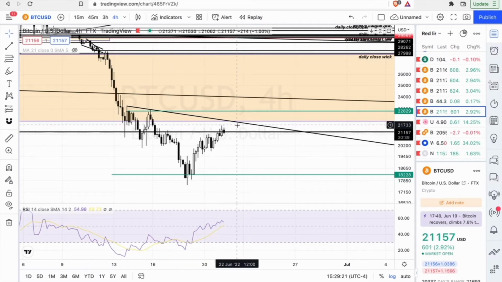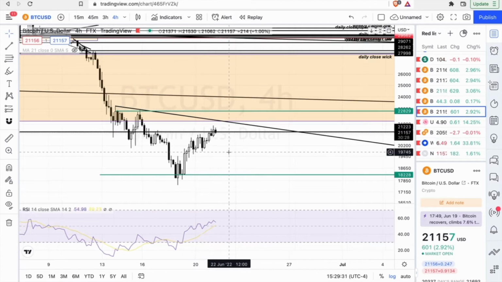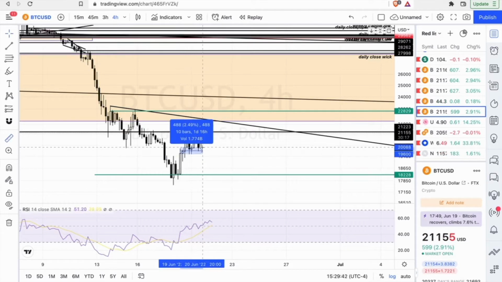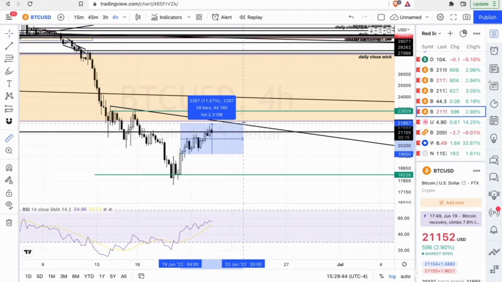What we'd like to do is take shorts from the top side, make sure we have some structural resistance, and then take longs from around this area. This is going to keep you out of the chop, right? Entering in the middle of a zone, let's say we entered along here, or along here. I mean, the move played out. You've had a nice move up, and this is what I'm saying about these ranges.